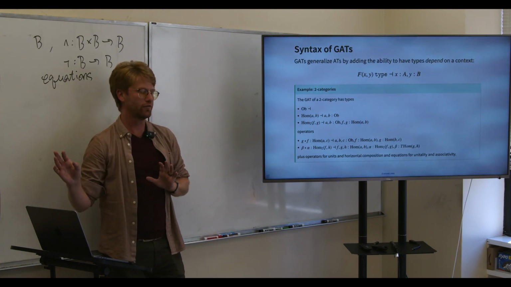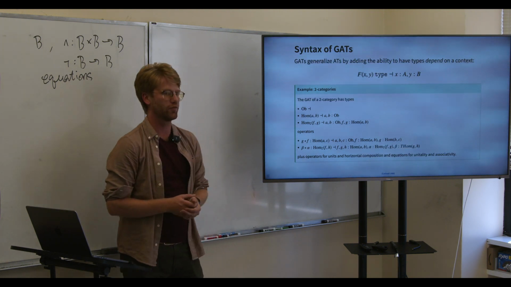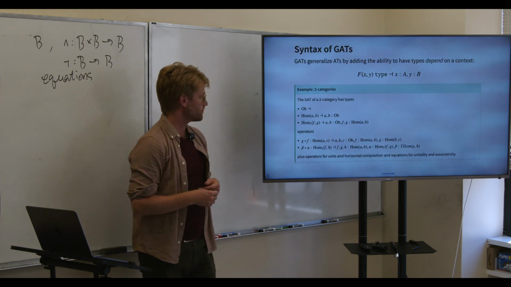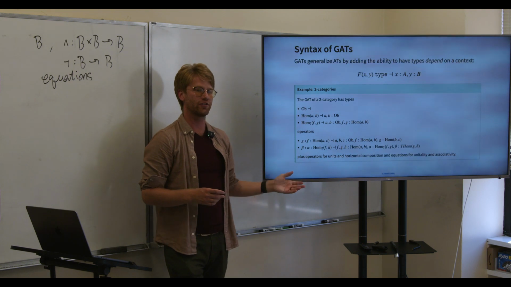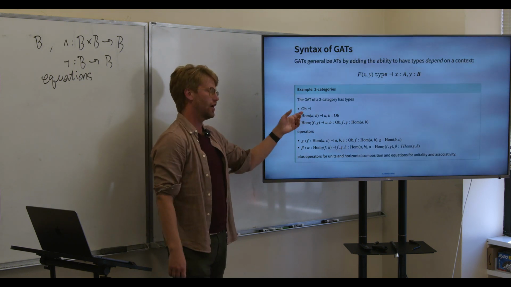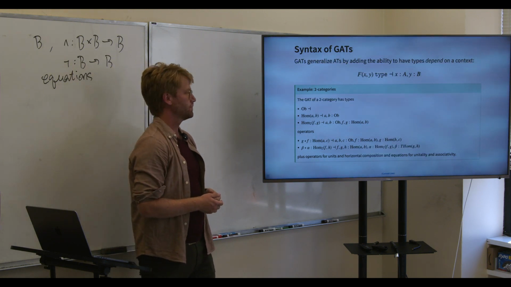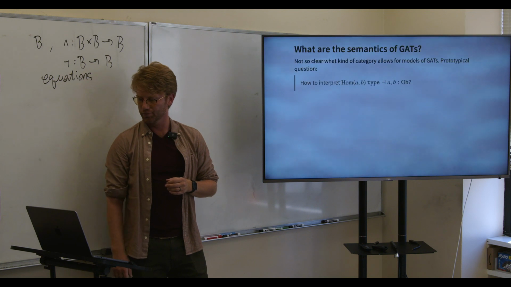There are other approaches than GATs, but plain algebraic theories will not allow you to model something like a two-category. So that's how we're upgrading. And this kind of syntax is going to have some notion of model, such that a model of this theory in Set is a two-category, maybe a small two-category. And then we can also model it in some other contexts.